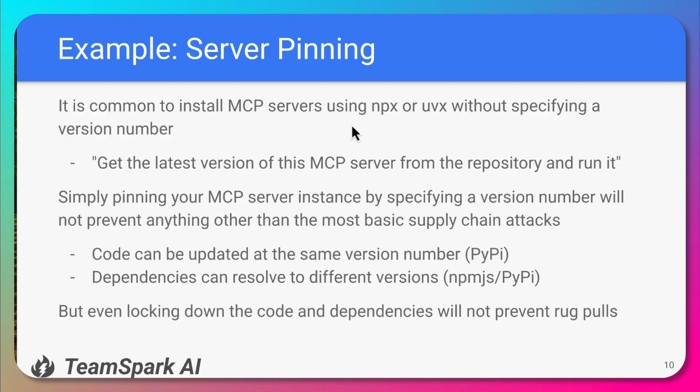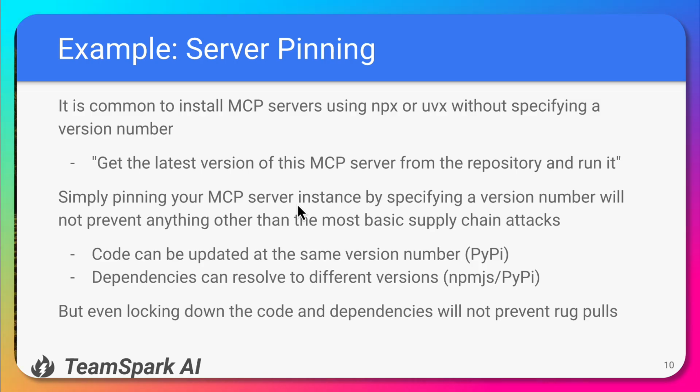What some vendors have done is implemented server pinning. So you can basically say, hey, I want to use version 1.1 of this server, so I get the same code. This is useful for preventing some very basic supply chain attacks. If you pin it to version 1.1, and you looked at that version and determined for whatever reason that it's safe to run, and then some attacker gets control of the publisher account and publishes a version 1.2 that has an exploit in it, you're not going to get caught by that exploit automatically.